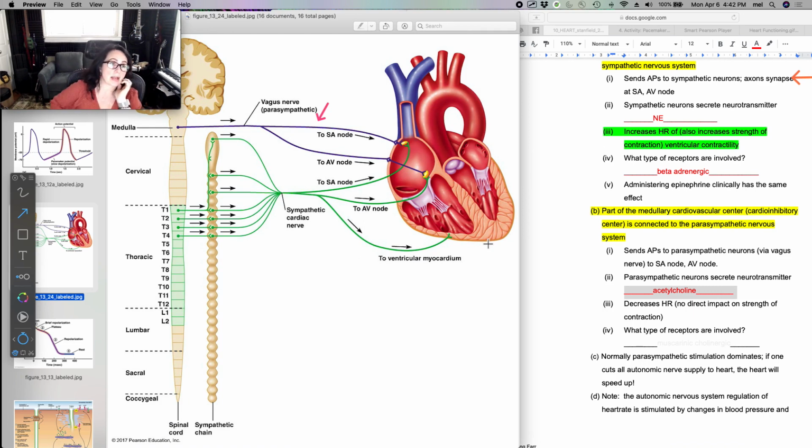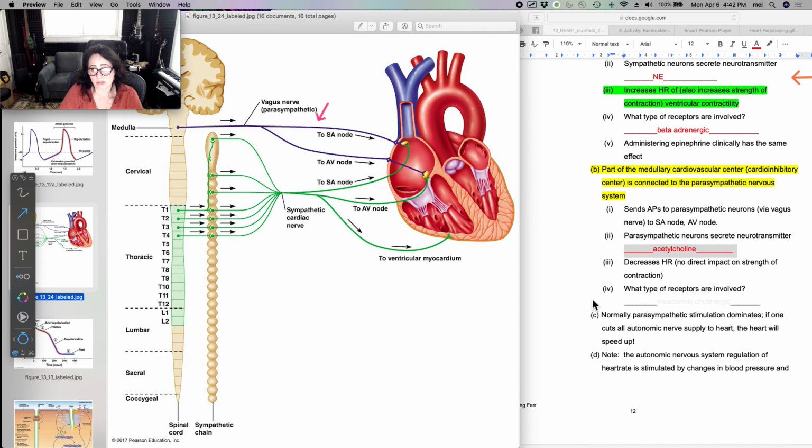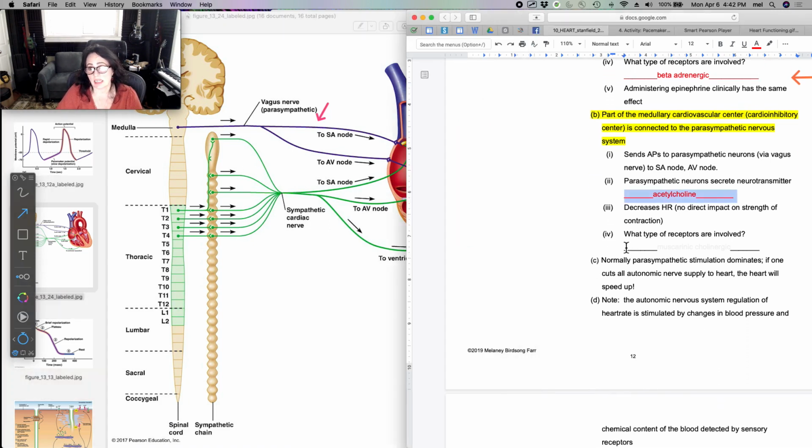So no direct impact on strength of contraction, whereas the sympathetic nervous system does. So they decrease the heart rate. And what type of receptors are involved in the parasympathetic nervous system controlling heart rate? Those are muscarinic cholinergic receptors.